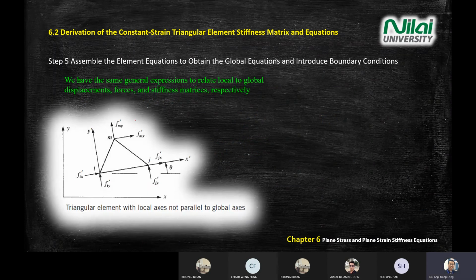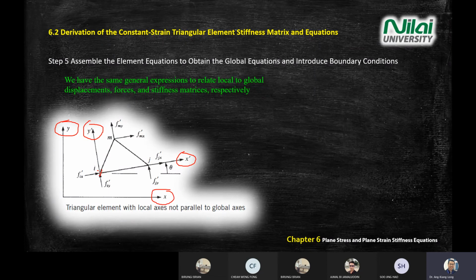So this is the diagram that you derive from the normal equation. First one, you have your y and x. Then you have your x prime, y prime axis, referring to your triangular element. So you start your x prime, y prime axis at point I, which is normally on the lower left corner of your triangular.